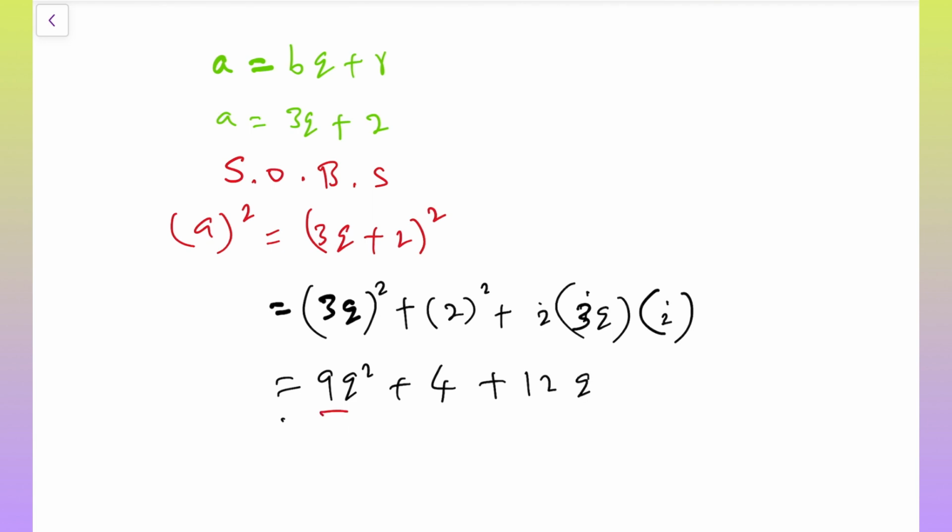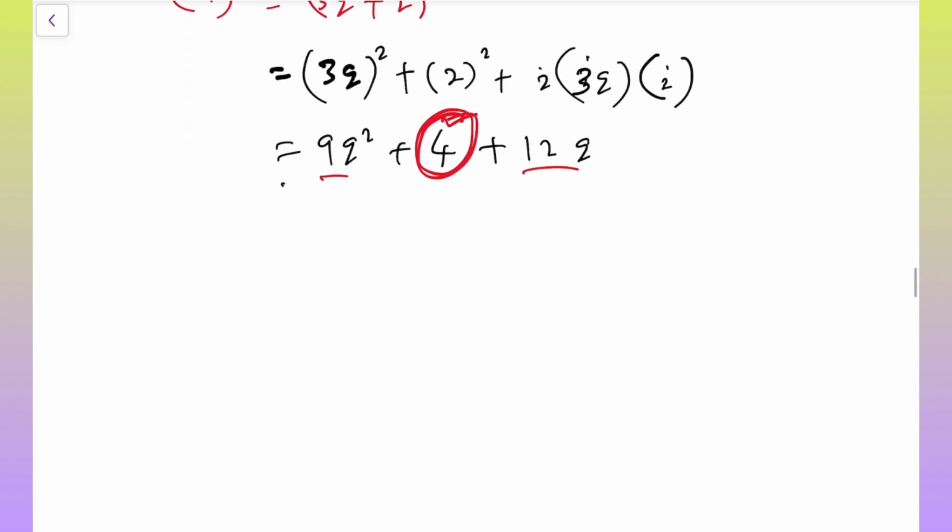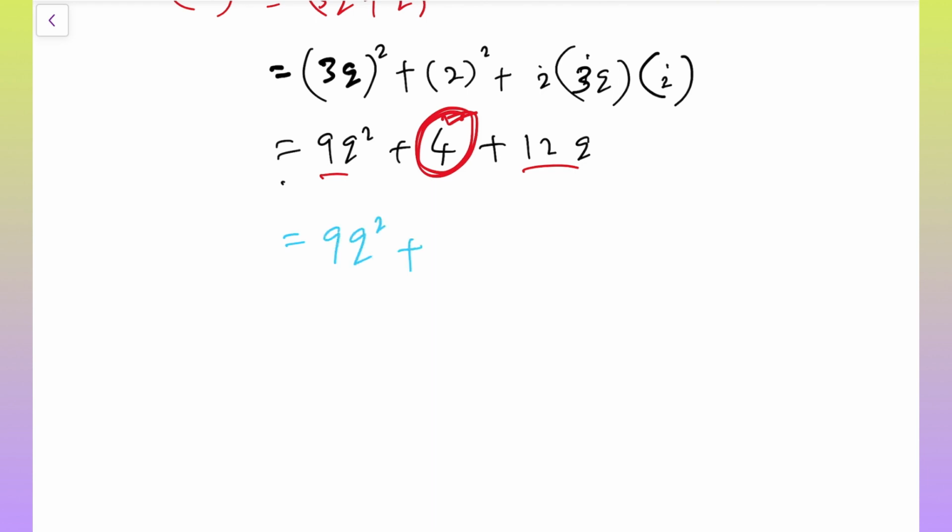Now from 9 we can take out 3 common, from 12 also we can take out 3 common, from 4 we cannot. But here one more thing we can observe clearly: the divisor, the b value, is 3. If the divisor is 3, the remainder should compulsorily be less than 3, but here the remainder is 4. So one more small modification we need to do here: 9q square as it is, plus 4, you write it as a multiple of 3 plus some other number.